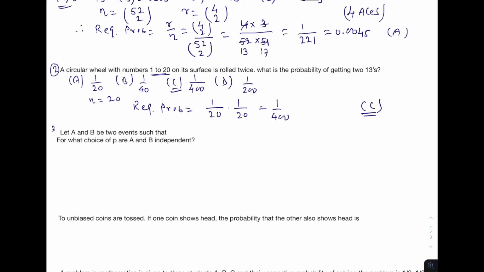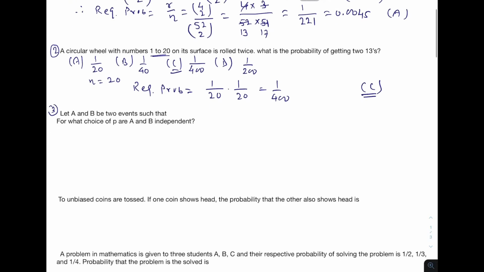Next let us see. Let A and B be two events such that P of A equal to 0.4, P of A union B equal to 0.7 and P of B equal to p.